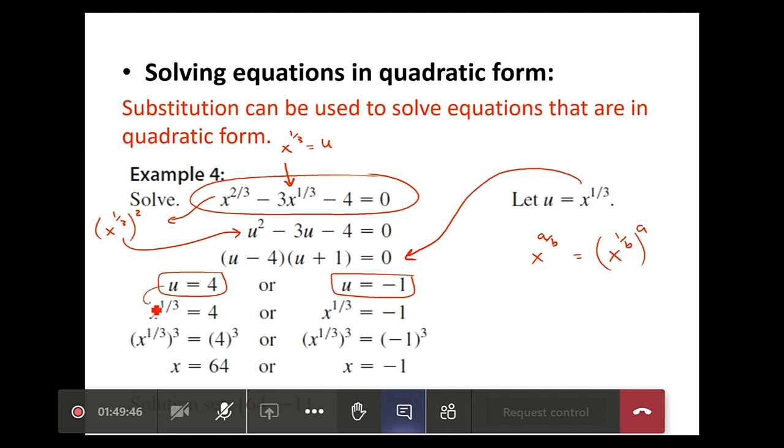So replace u with x to the power 1 over 3, and here 1 over 3 means take the cube for both sides. So x equal 64 because we have 4 to the power 3, and x equal negative 1 because we have negative 1 to the power 3.